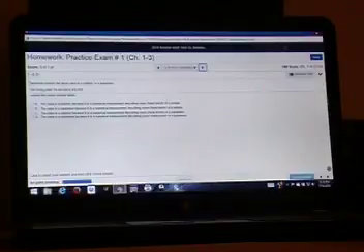Number 2, determine whether the given value is a statistic or a parameter. It says the mean salary for doctors is $45,000. This is a little vague, but to be a statistic, it would have to come from some kind of sample. If they gave me a small number of doctors, or if they said they got it from asking people questions.